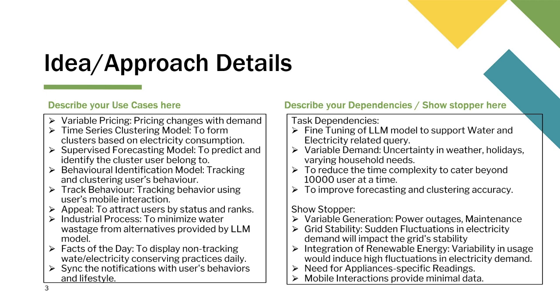Now the need for appliance specific readings is to have a better understanding of the behavior interactions and behavior data of the users. The fourth point also has a connection with the fifth one, the mobile interaction environmental data. That's why we need the appliance specific readings.